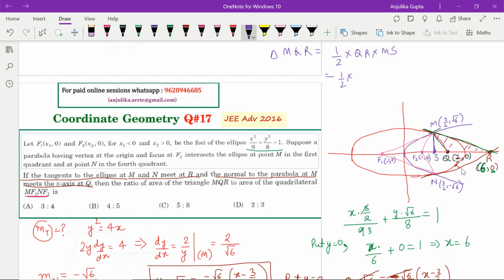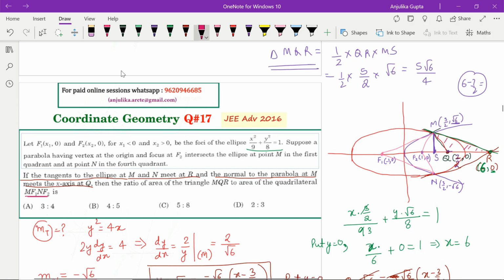See, this is 7 by 2 and this is 6. 6 minus 7 by 2, that's the length, right? So that's 5 by 2. How much is the height? The y coordinate of M is the height, MS. That's root 6. So you got the area to be 5 root 6 by 4. Correct? As simple as that.